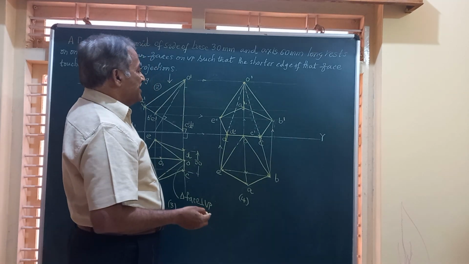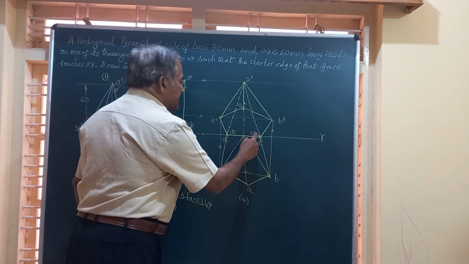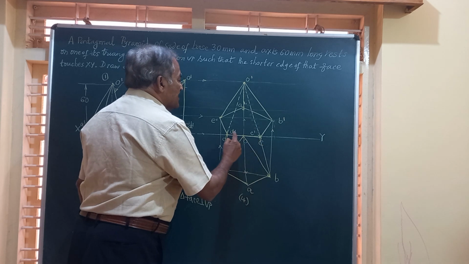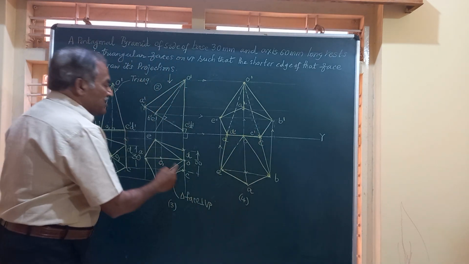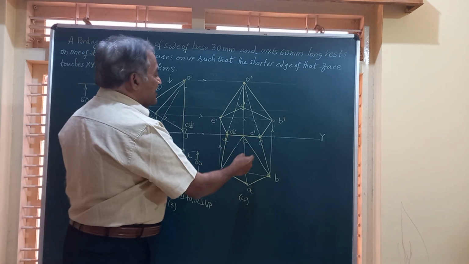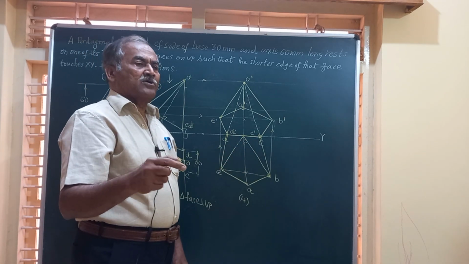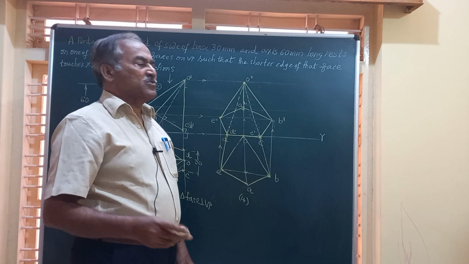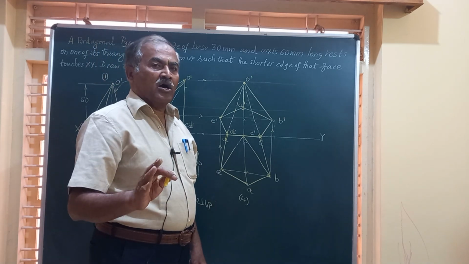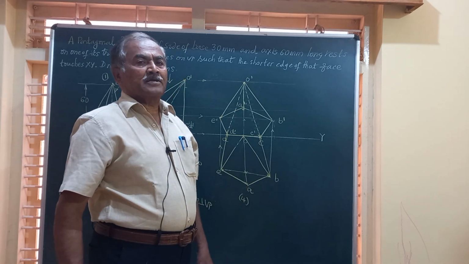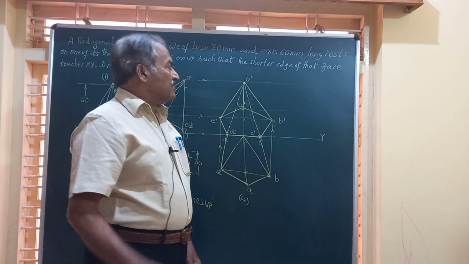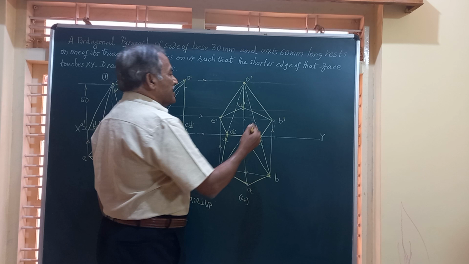And you find, friends, both D dash C dash and DC, the front and top view of that edge CD, which is on XY line, is seen as a line both in the top view and front view because that shorter edge is touching the XY, the line of intersection of VP and HP.